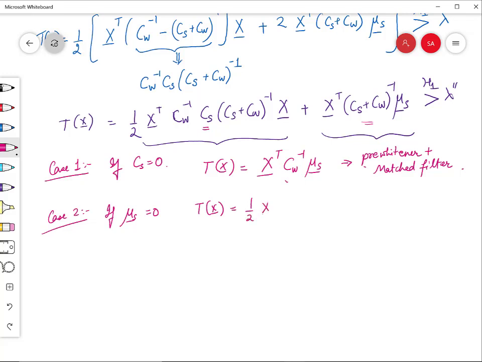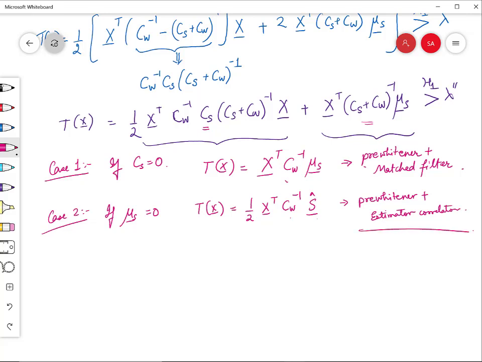So this turns out to be half of x transpose CW inverse of the s hat vector, where this is my estimator and this is my pre-whitening filter. So this is a pre-whitener plus an estimator correlator.